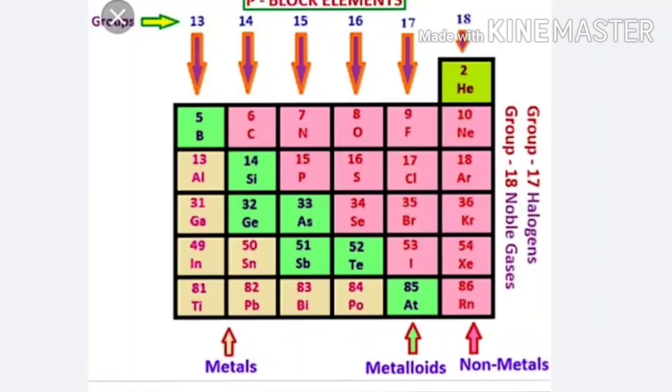Now allotropy. All members of group 16 show allotropy. Oxygen has 2 allotropic forms, O2 and O3, that is ozone. Sulfur exists in many allotropic forms such as rhombic or alpha sulfur and monoclinic or beta sulfur.